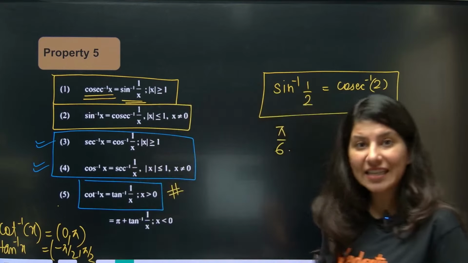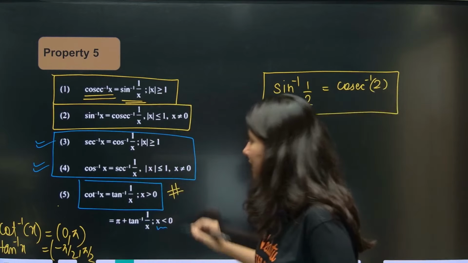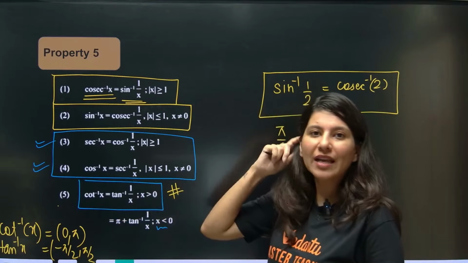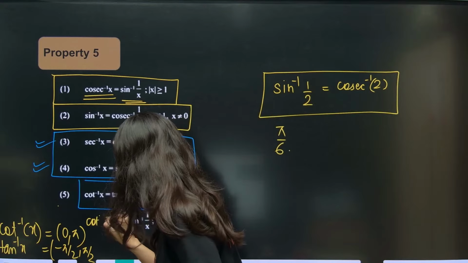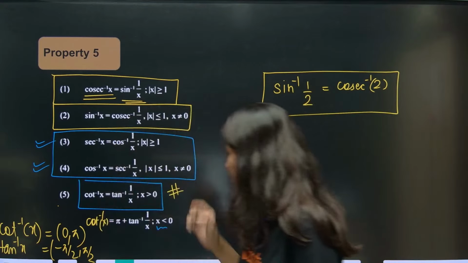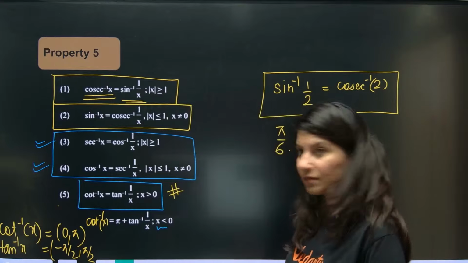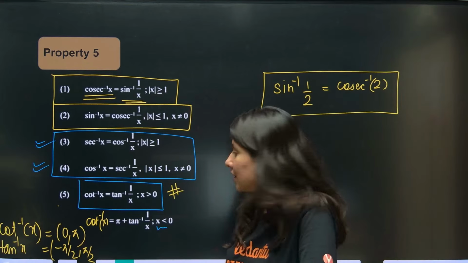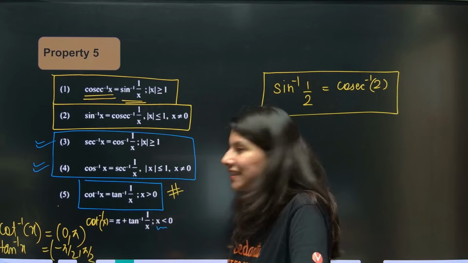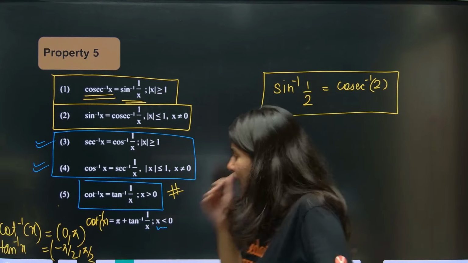So cot inverse x will be equal to tan inverse 1 by x when x is positive. But if x is negative, cot inverse x will be equal to pi plus tan inverse 1 by x. Why are we adding pi?